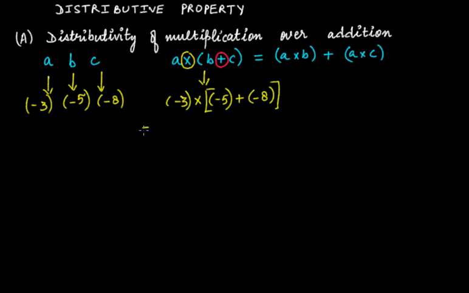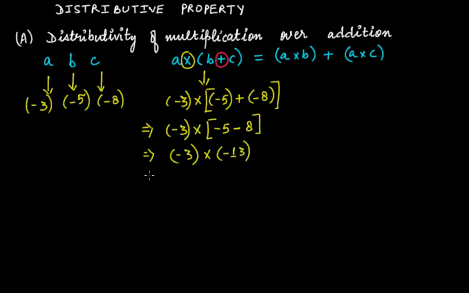So this will become minus 3 times minus 5 and minus 8, which is minus 13, and this will be 39.